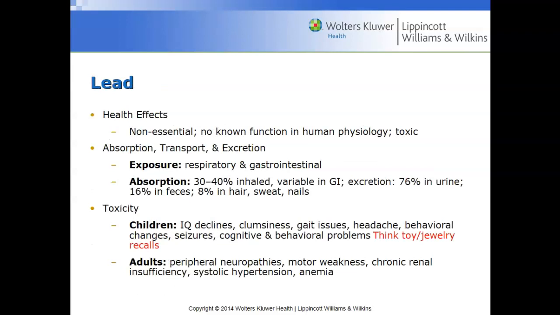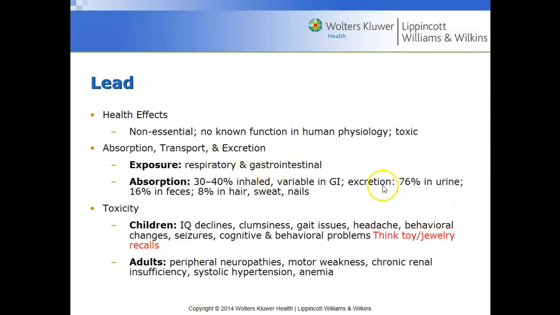Next is lead. Lead was mainly a big deal because it was found in paint that was used on cribs, baby toys, jewelries, and so those things have been recalled now, and we do not use lead-based paint anymore. There is no known function of lead in human physiology. It is always toxic.